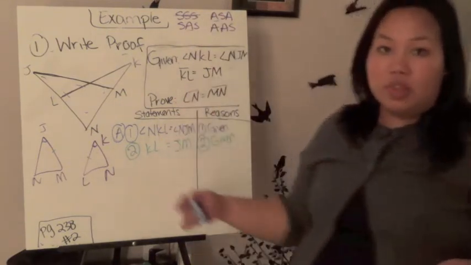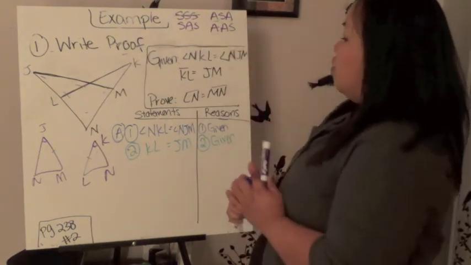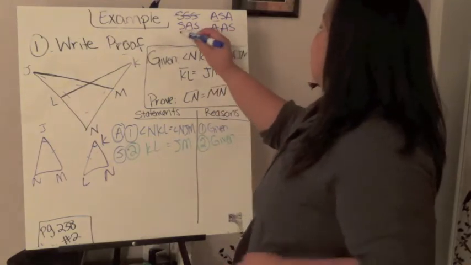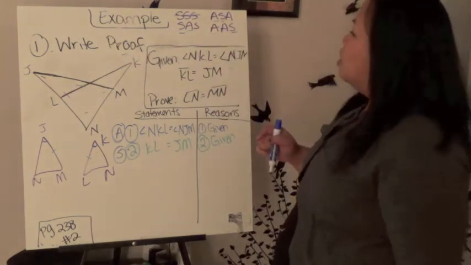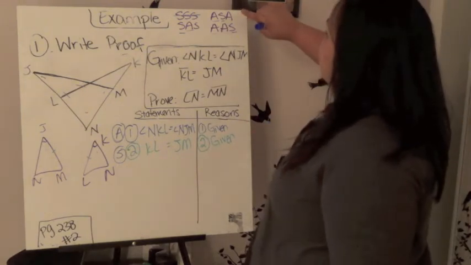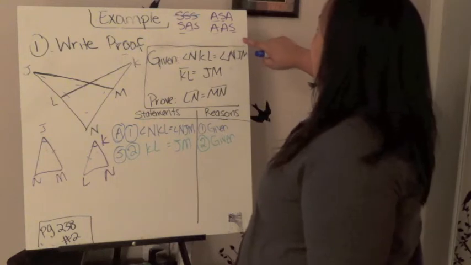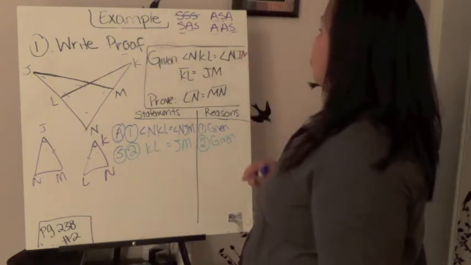We're using the process of elimination. The next one gives us a side. So here's a side, and here's a side. So we still have three options. This one is a non-included side, this is an included. Either I find another angle or another side.